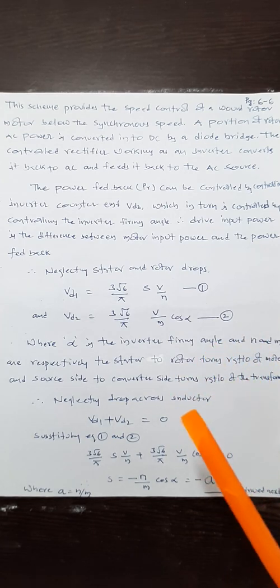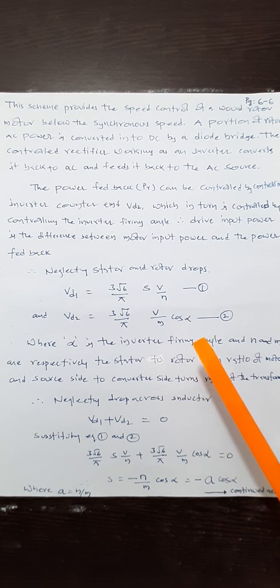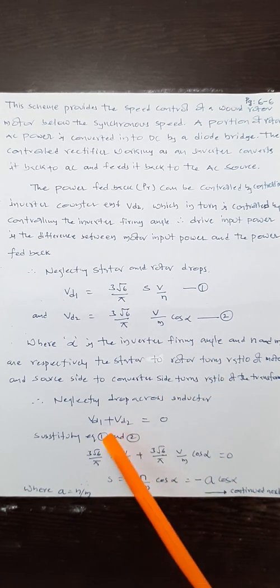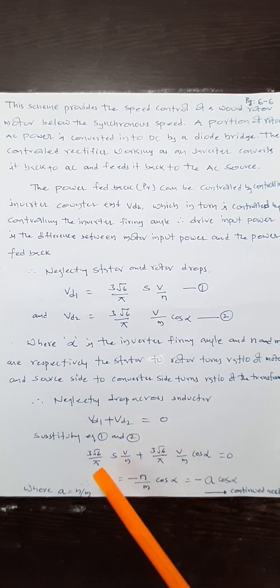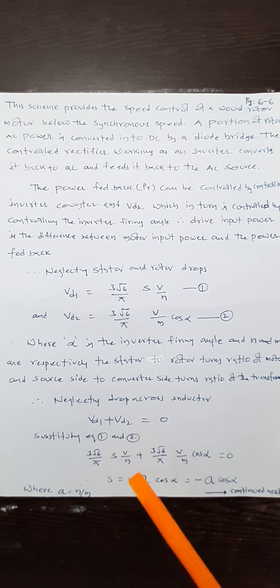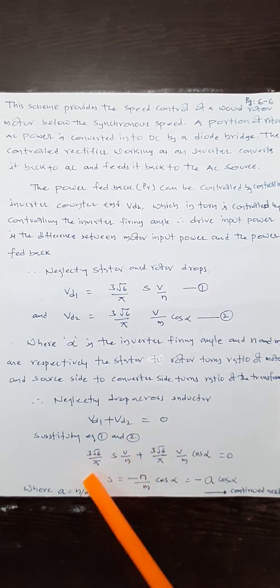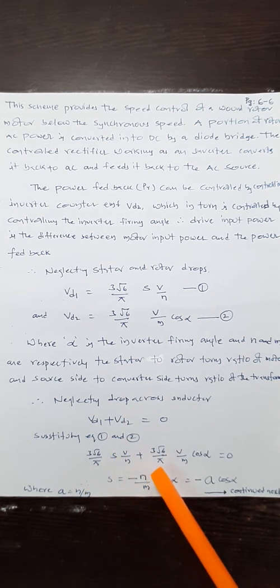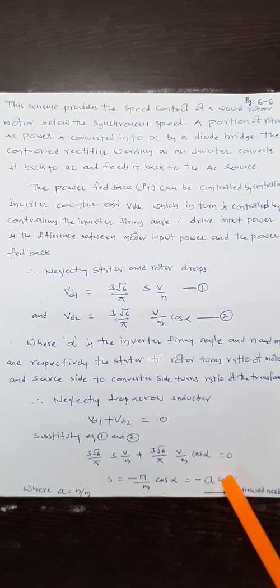Neglecting the drop across the inductor, as per our discussion, ED1 and ED2 are equal in magnitude but opposite in direction. Therefore, ED1 plus ED2 is equal to 0. Substituting equation 1 and equation 2, we have 3 root 6 by pi S V by N plus 3 root 6 by pi V by M cos alpha is equal to 0.